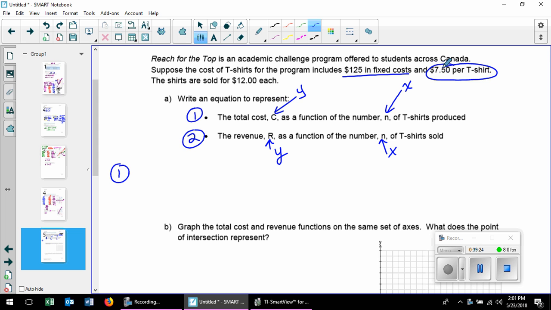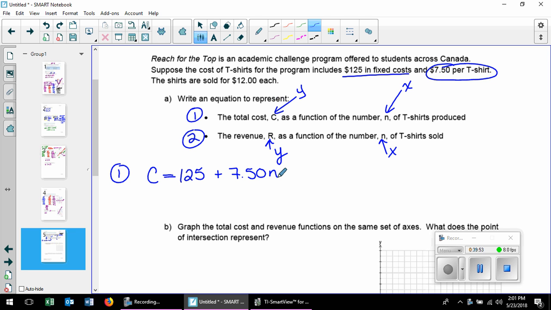This is linear equations from grade 9. So C equals 125, because that's your flat cost. Even if you don't produce a t-shirt, this is like designing the logo on it, costs $125. And then to produce each one, it's going to be $7.50 per t-shirt.